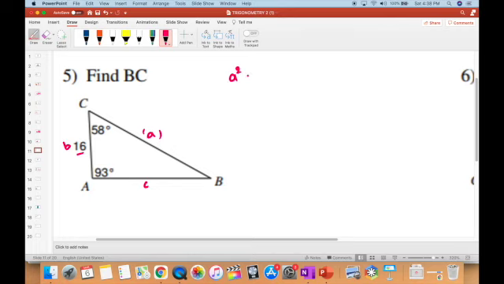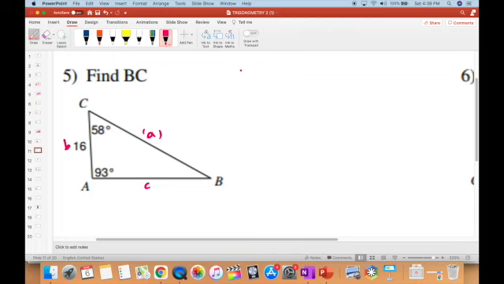A squared is B squared plus C squared minus 2BC cos of A. Alright, what do I have? Do I have the other two sides? I have the angle A, but I don't have the other two sides. Remember, I have to have two sides and the included angle. So no, I don't have the side C, so I cannot use my cosine rule.